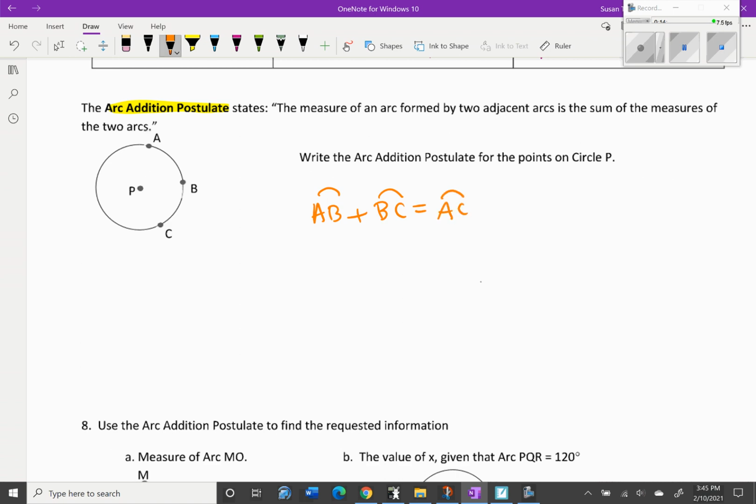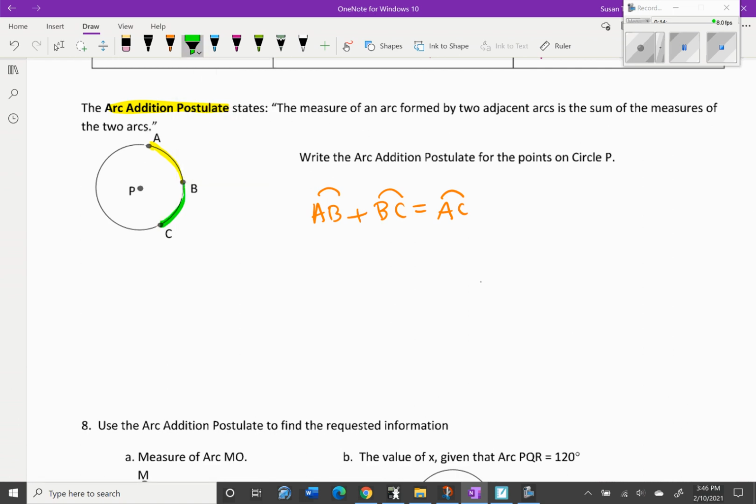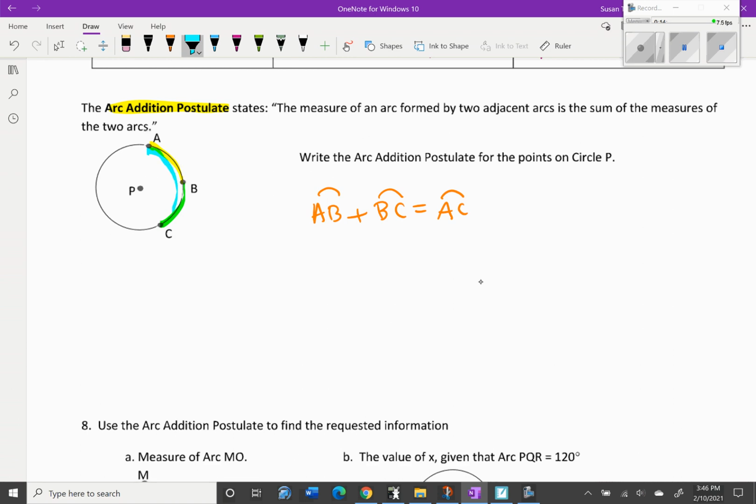So this plus this arc, by our arc addition postulate, is equal to the total from here to here.